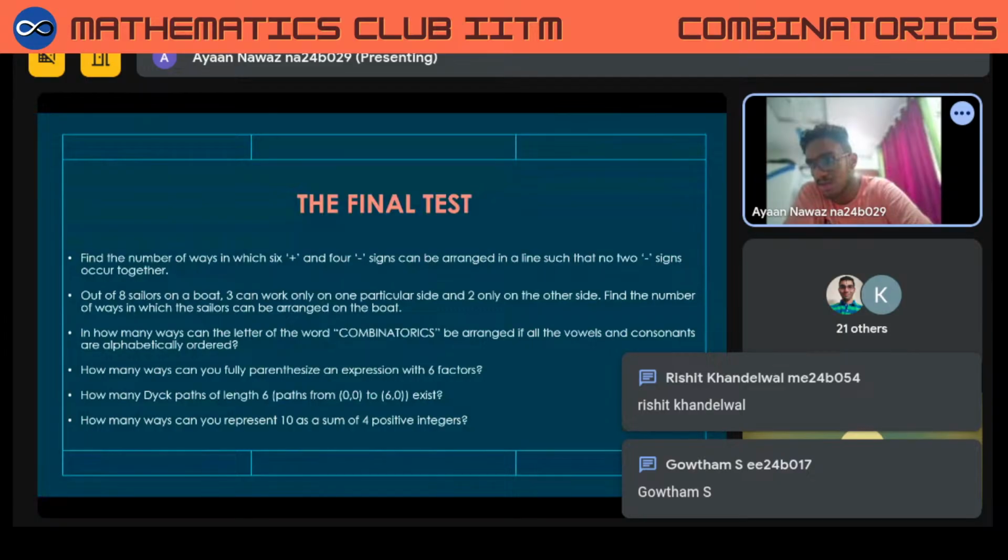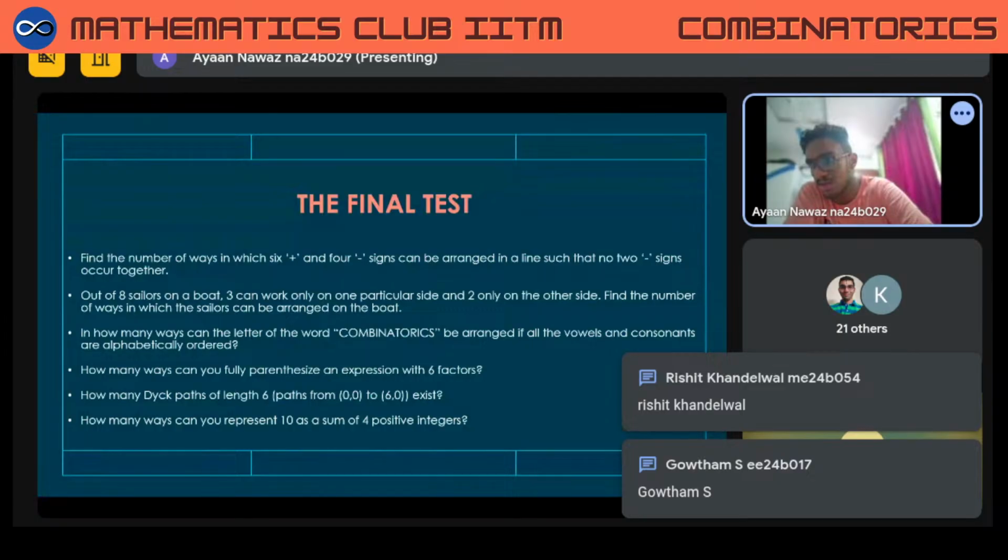See, 6 plus and 4 minus signs. There'll be 11 places. But if no minus signs can occur together, that means adjacent to every minus sign there must be at least one plus sign, because if there is no plus sign, two minus signs would come together, which is not accepted. So we start in reverse order.